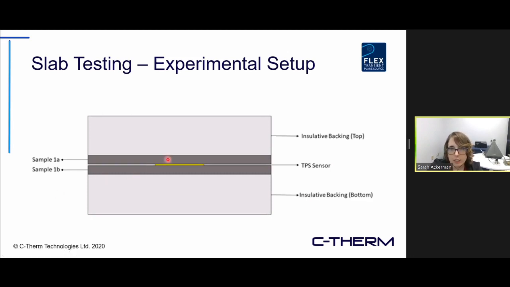When you're testing with this, you sandwich your two specimen halves around the sensor, and then typically you'll apply an insulation material above and below the specimen halves. Or alternatively, there are some other ways in which you can support the samples around the sensor.